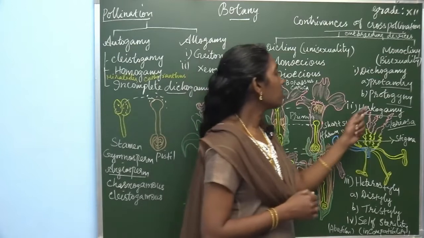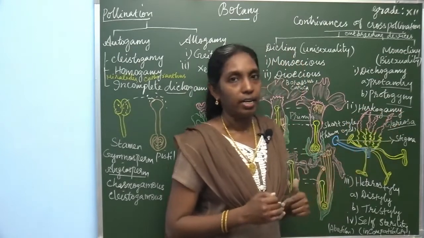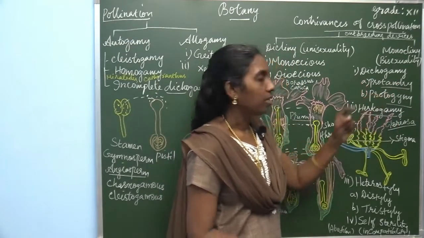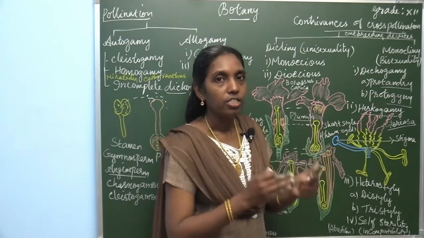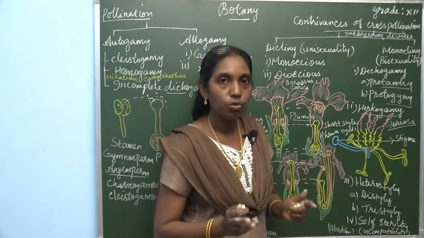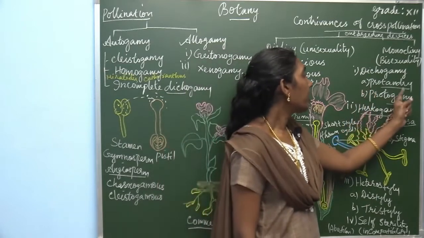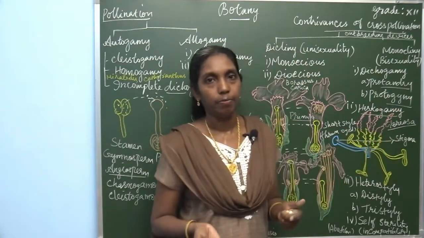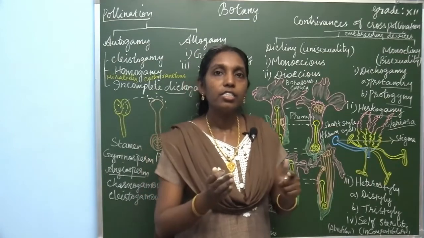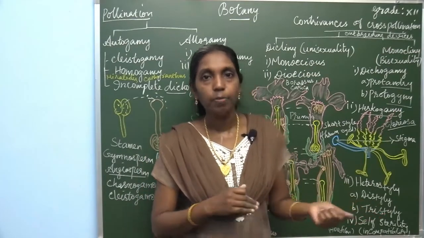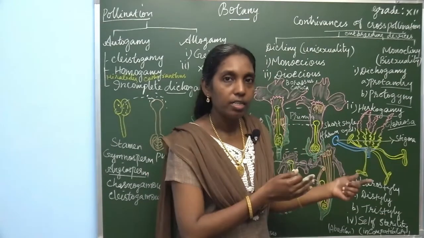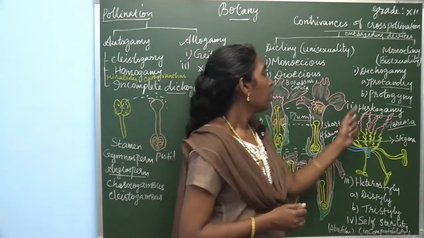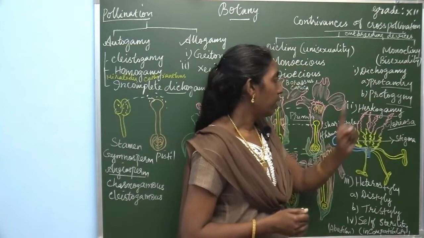Such a condition is called protogyny. In dichogamy, 'di' means two different times at which the anther and gynoecium mature. Based on this, there are two types, protandry and protogyny. In protandry, the androecium matures earlier than the gynoecium. In protogyny, the gynoecium matures earlier than the androecium. This comes under dichogamy.